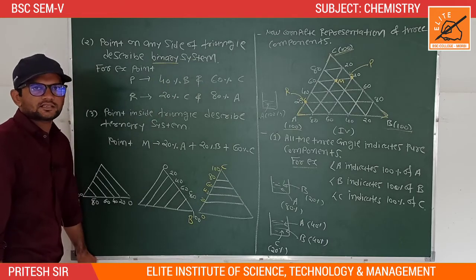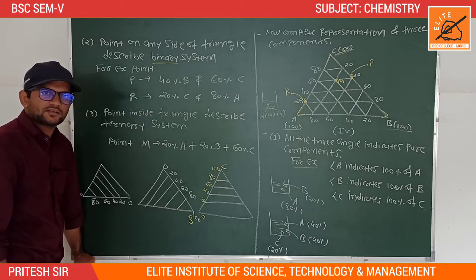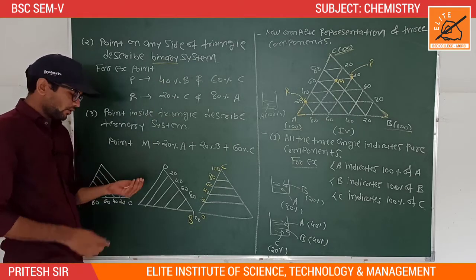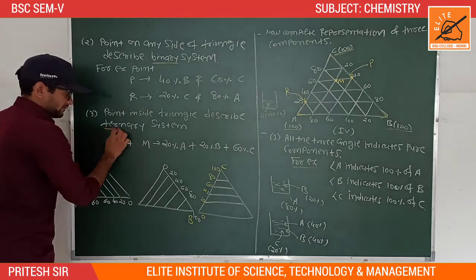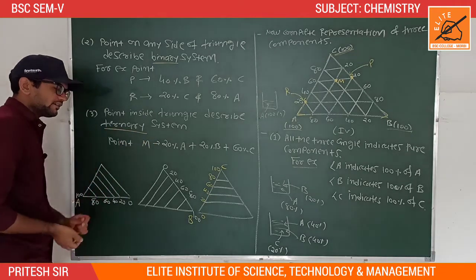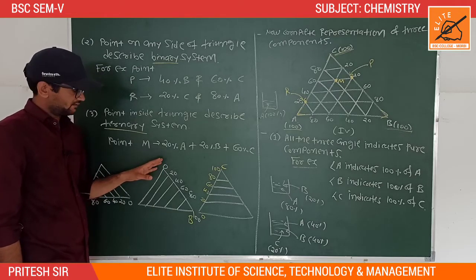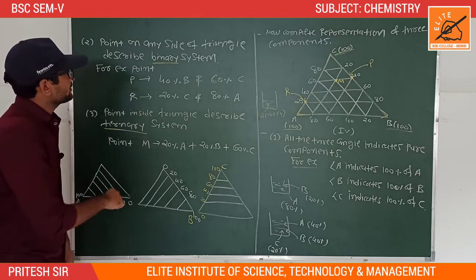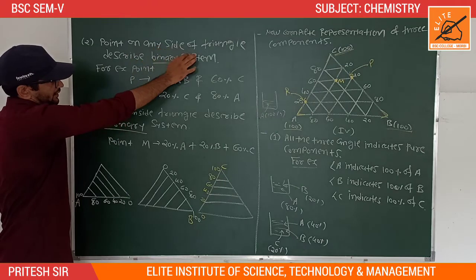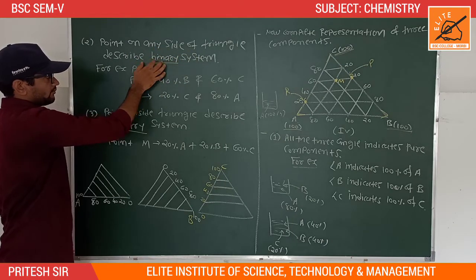If three components are present, you can say it is a three component system or ternary system. Ternary means three different components are present in different compositions.